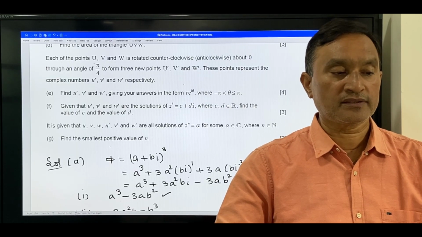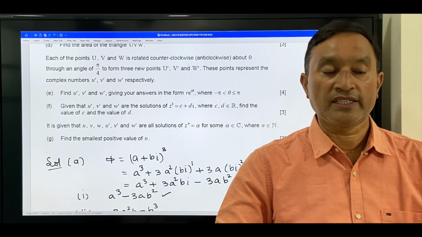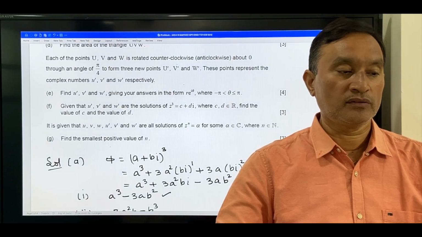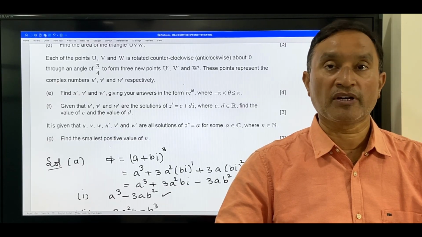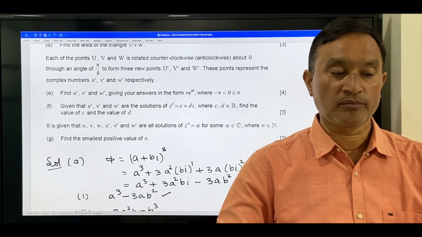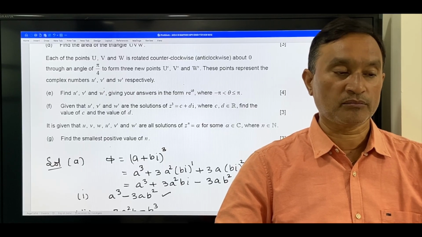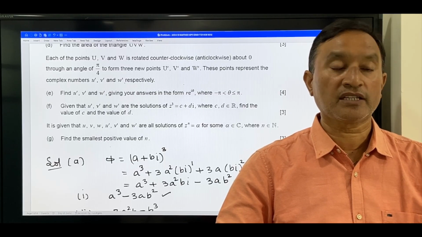Each of the points U, V, W is rotated counterclockwise about 0 through the angle of pi by 4, and the 3 new points, capital U dash, capital V dash, capital W dash, are representing the complex numbers U dash, V dash and W dash.